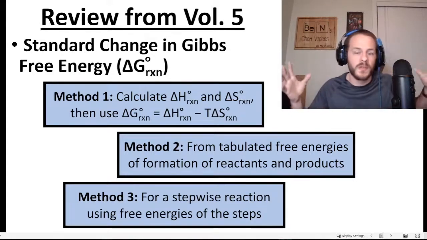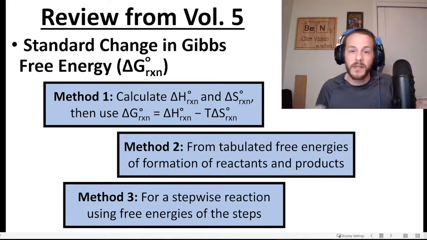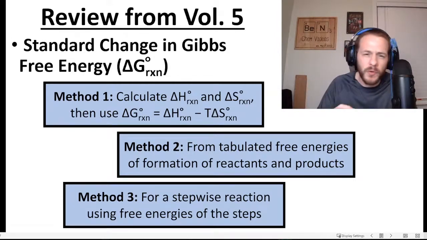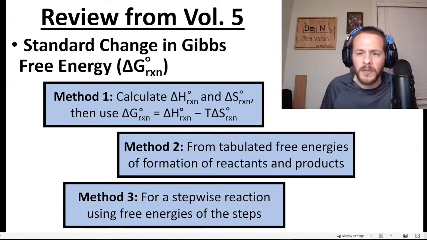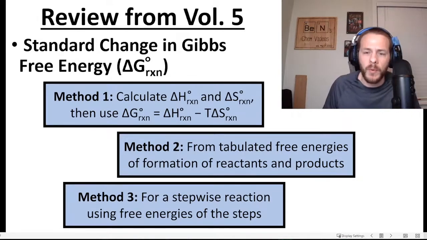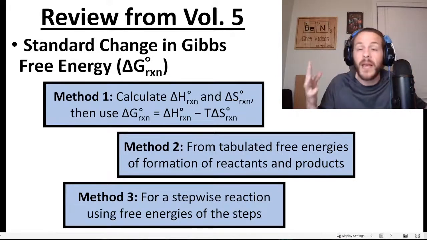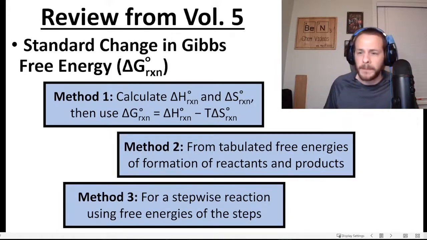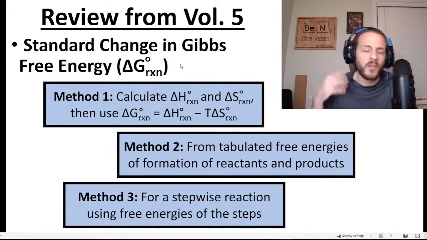So remember, the universe is composed of two components, the system and the surroundings. As you can imagine, measuring things for the surroundings can be pretty difficult and tricky to do. But with Gibbs free energy, we only have to measure things relative to the system, and so it's a very, very useful property. And so we know it's a criterion for spontaneity.